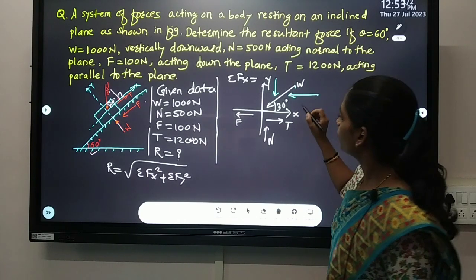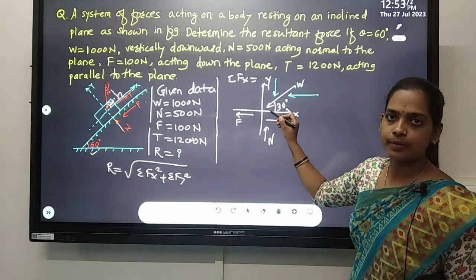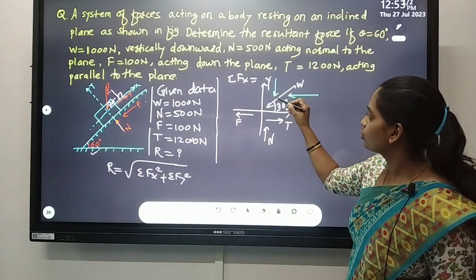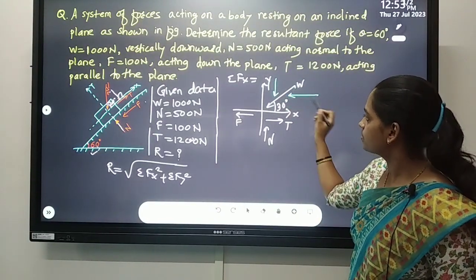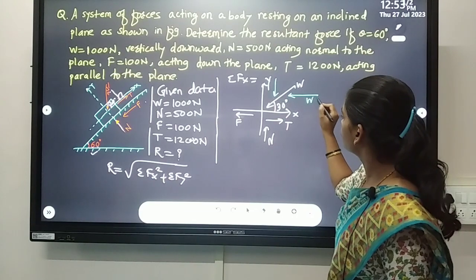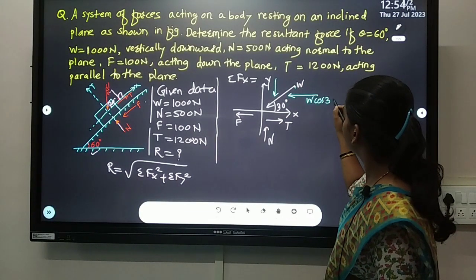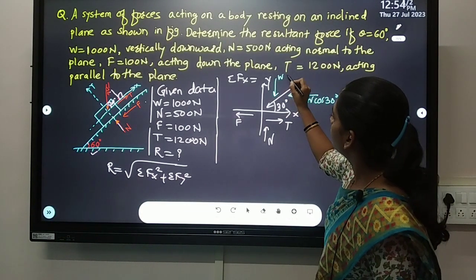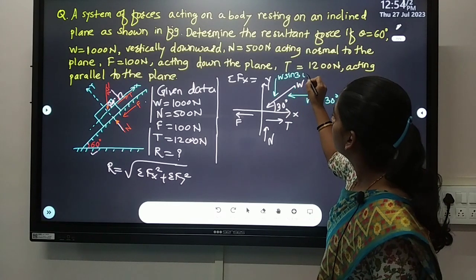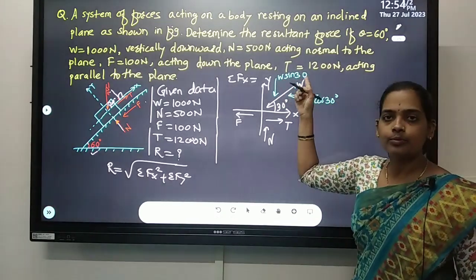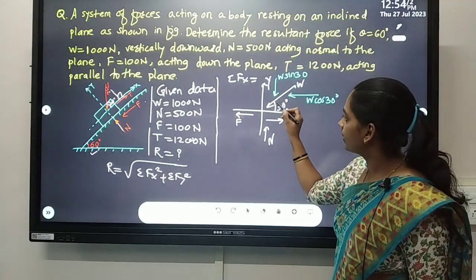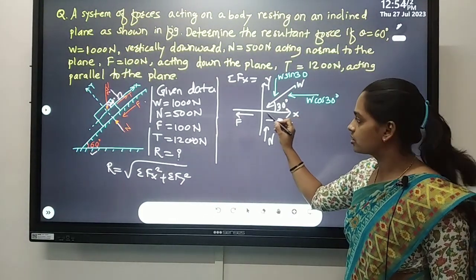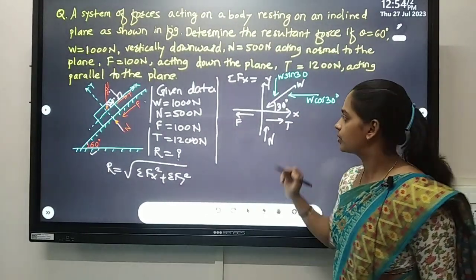Since from this particular point the arrow is away from this point, these resolutions are also away from it. This resolution is W cos of 30 degree and this is W sin of 30 degree. The vertical component is W sin of 30 degree when it is making angle of theta degree with respect to x axis, otherwise it is vice versa.